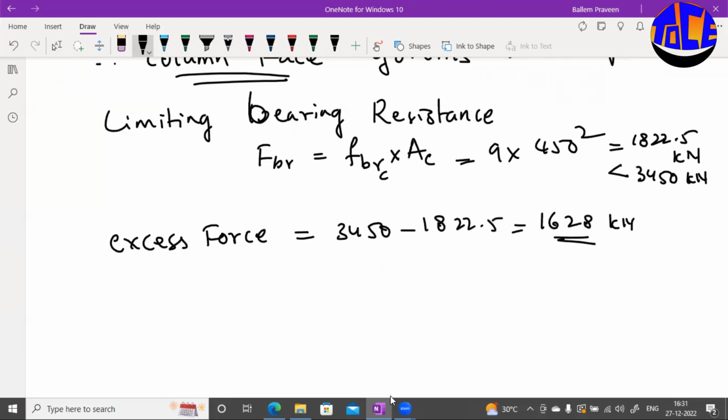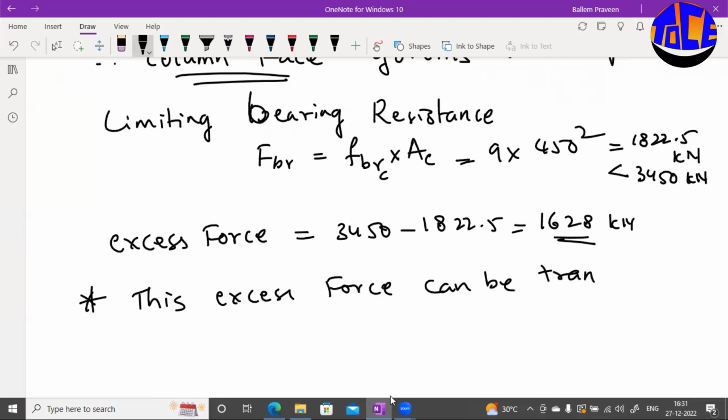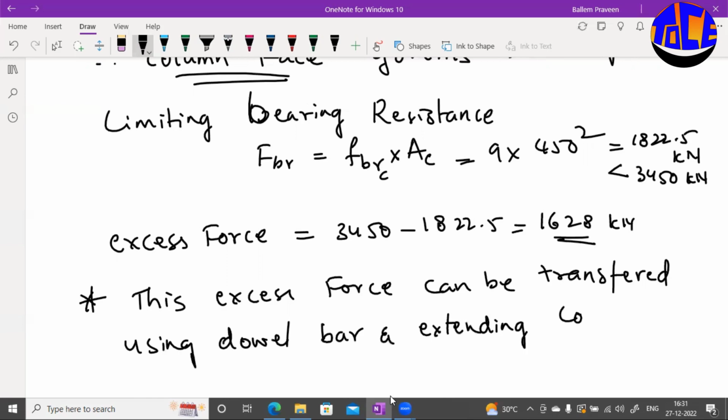Just at the end you can write a statement, that is enough: this excess force can be transferred using dowel bars and extending column reinforcement or column bars into the footing.